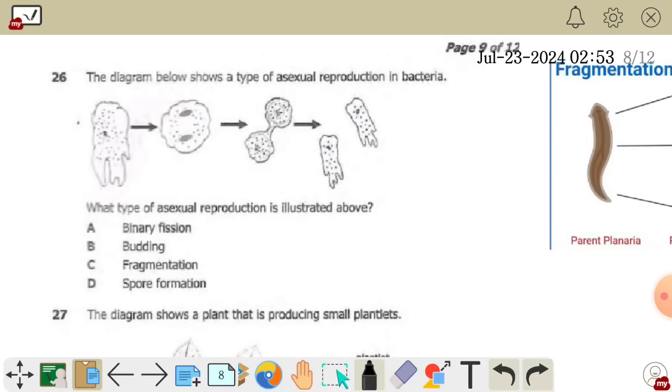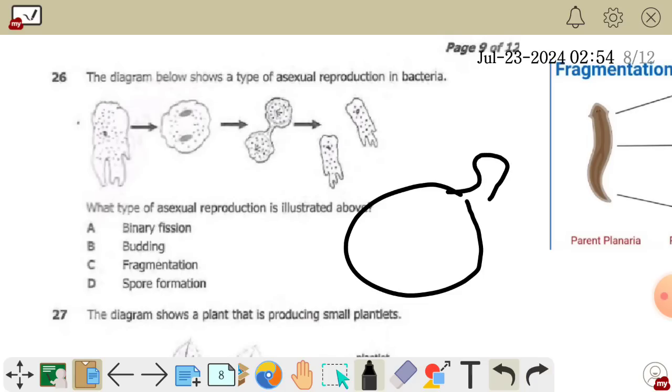In binary fission, we're going to have a parent cell dividing into 2 equal daughter cells. The cells which are produced are equal in size, and they carry the same genetic information. But in budding, we're going to have a big organism, and then it will bud a small daughter cell. So the daughter cell is small, but the parent cell is big. That is in budding.